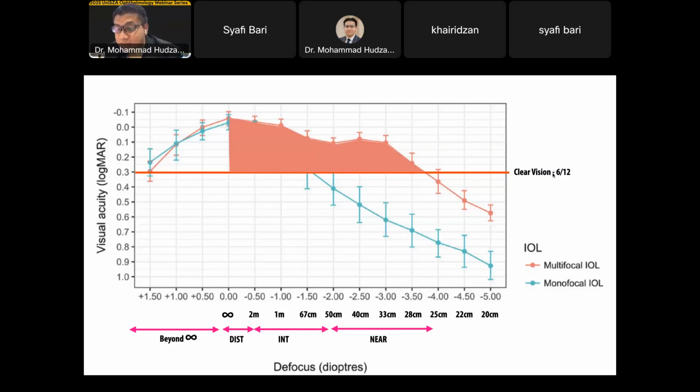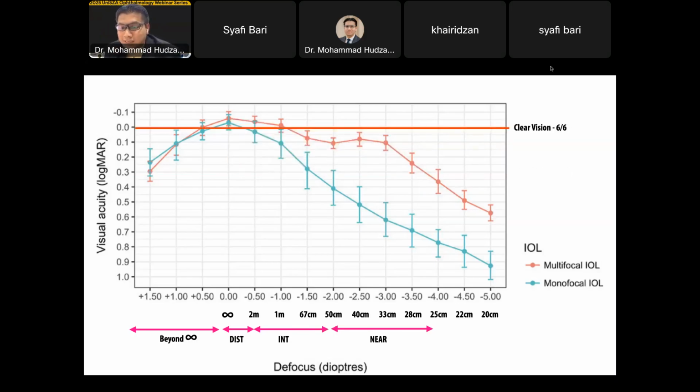This is when we decide clear vision is at 6/12. But if we decide that clear vision is actually 6/6, not 6/12, then the clear vision provided by these two lenses changes. The monofocal can only provide good vision from infinity until maybe 3 meters from here. And the multifocal IOL can only provide clear vision from infinity until 1 meter only.